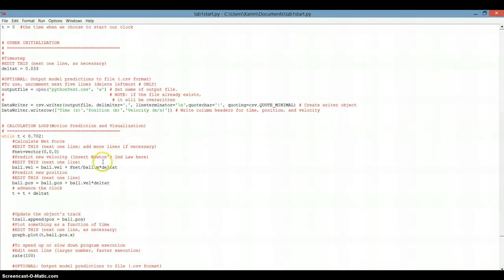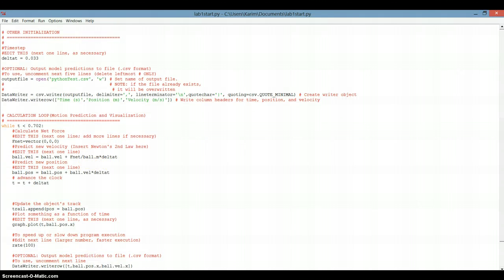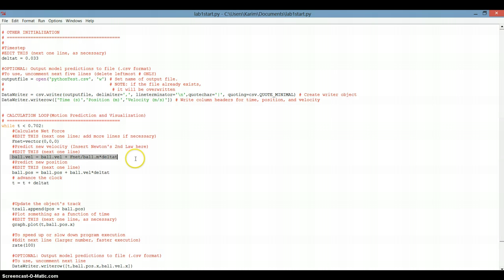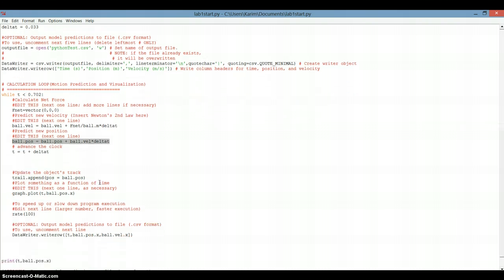And then we plug in the equations according to Newton's second law to get first the final velocity of the ball, which is Vf equals Vi plus F net over m times delta t. And of course the final ball position, Rf equals Ri plus V average times delta t.